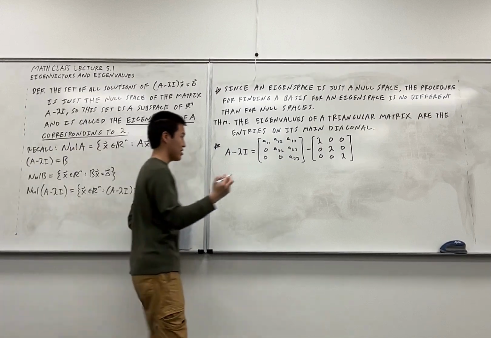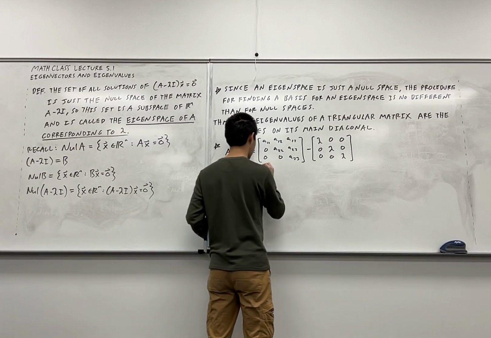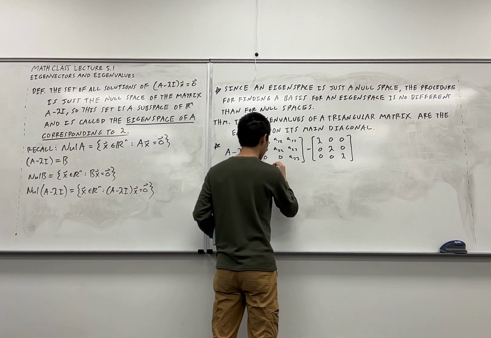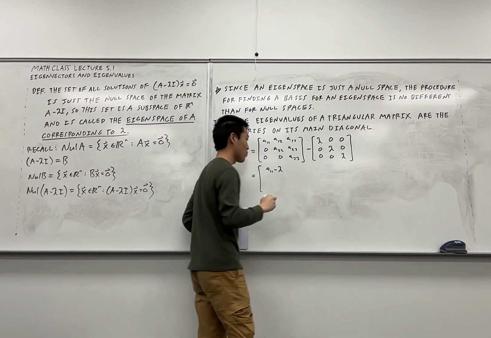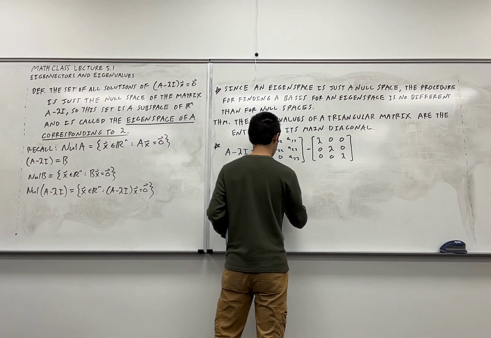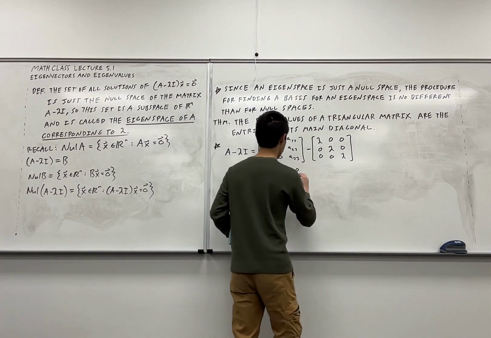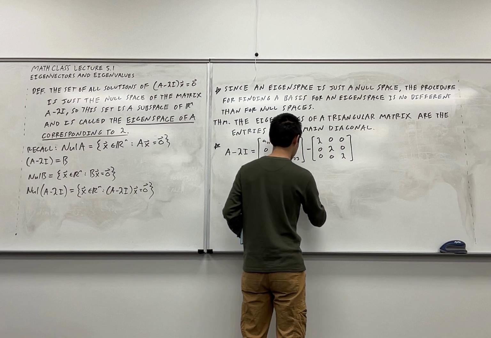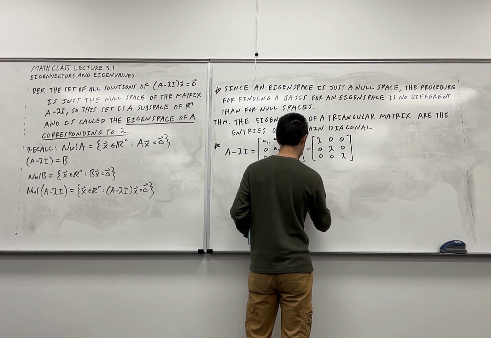Because now when I subtract these from each other, I have A11 minus lambda, because the corresponding entries are going to subtract 0, 0. And then I have 0, A22 minus lambda, 0.